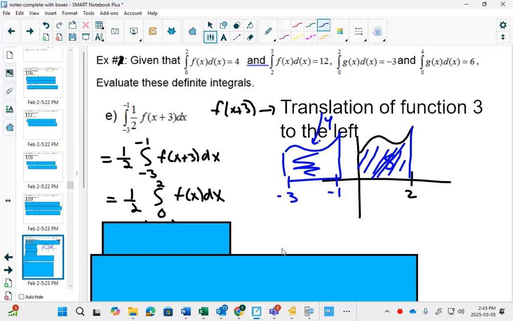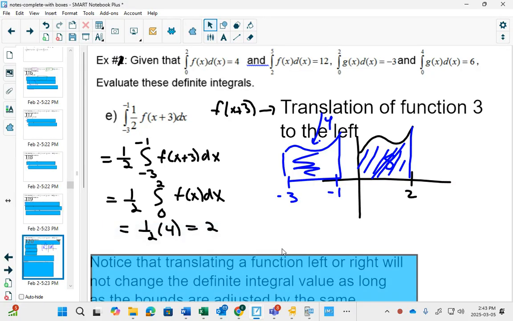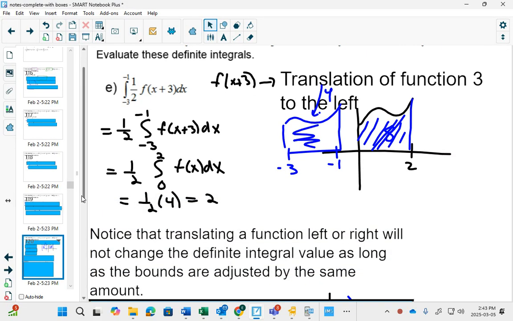So if the graph is moved 3 to the left, the area stays the same. So we can imagine, okay, I move it back 3 to the right, then move that up to 0 and that one up to 2. That matches up with the value that I have.